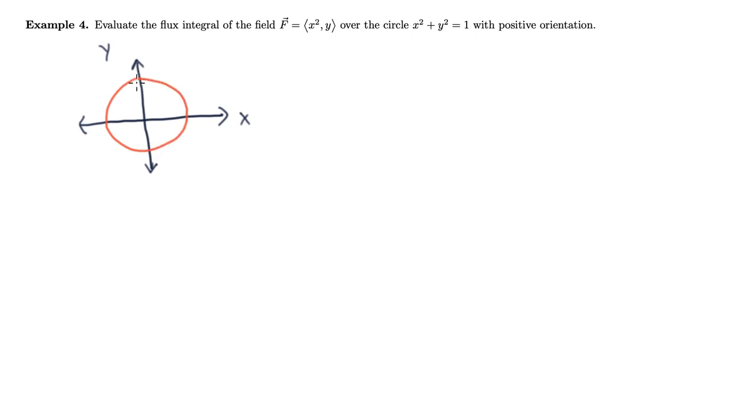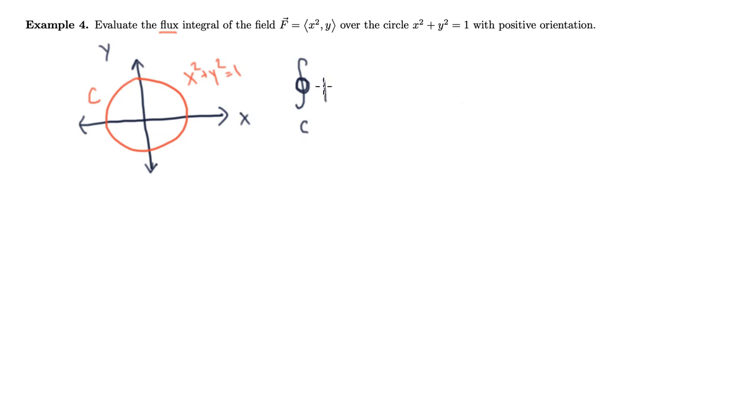Okay, and here's our vector field. Now remember with the flux integral, we're actually doing this contour integral, or just the line integral, over the curve C, where our curve is just the unit circle, x squared plus y squared equals 1.